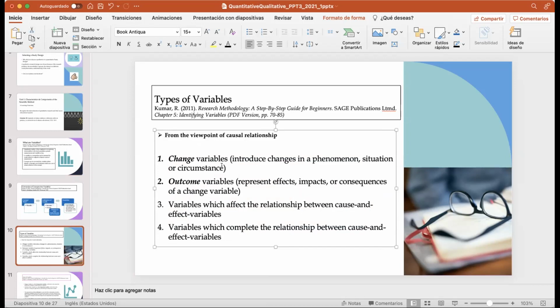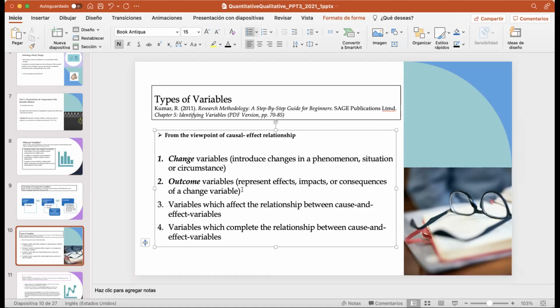So change variables are the variables that introduce changes in a phenomenon or situation or circumstance. Then they have another name, you will see. Outcome variables are the effects. So remember, cause and effect. Yes, always causal effect relationship, yes. Always thinking quantitative research looks for cause and effect. So this is the cause and this is the effect.